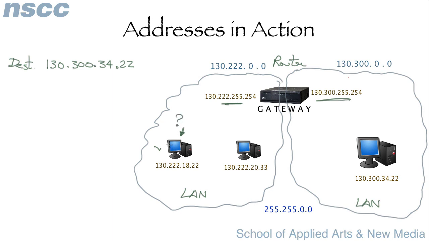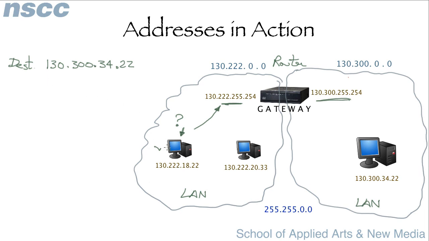Do I send that packet locally to this LAN, or do I send it to an external LAN? Is that an external address? If it's external, it has to send it to the gateway. That's why every network device also has to know the gateway address. So there are three pieces of information that every device needs to have: its own IP address, the network mask, and the gateway address.